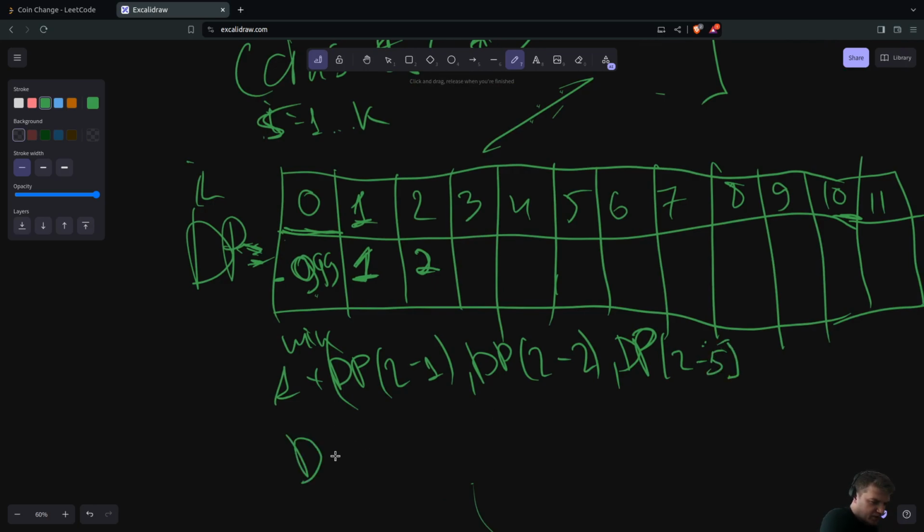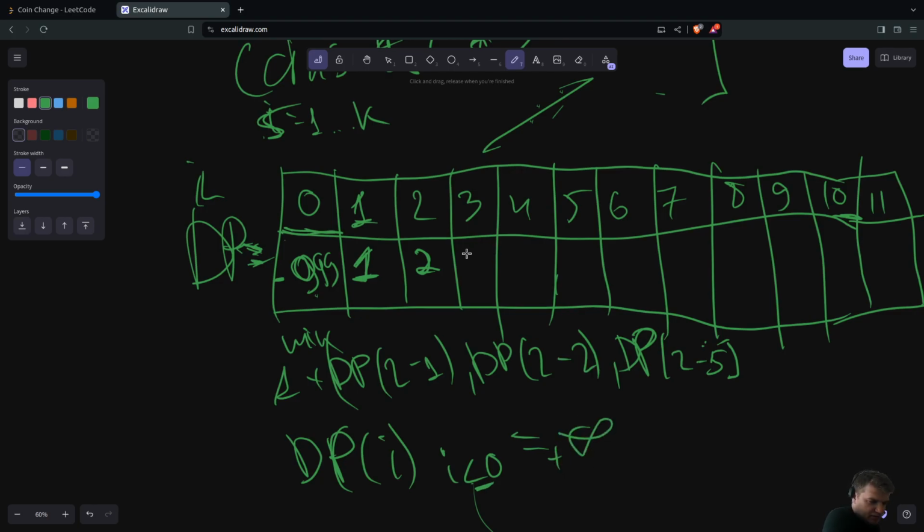And dp of i, where i is less than or equal to 0, is going to be plus infinity.